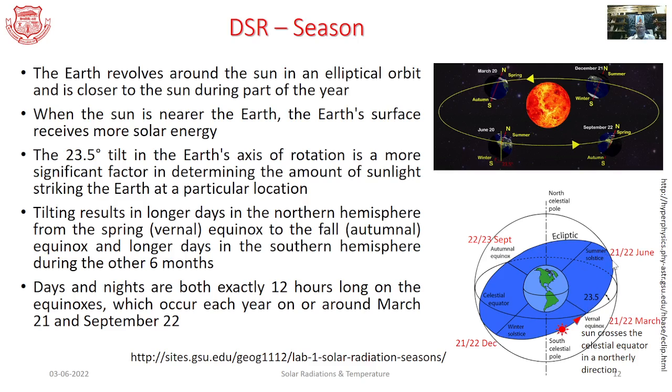As we consider this 21st or 22nd June, the sun is placed farthest. It is in the plane of the Tropic of Cancer. It would be the longest day of the year for the summer in the northern hemisphere, whereas there will be the shortest day of the year in the winter in the southern hemisphere.